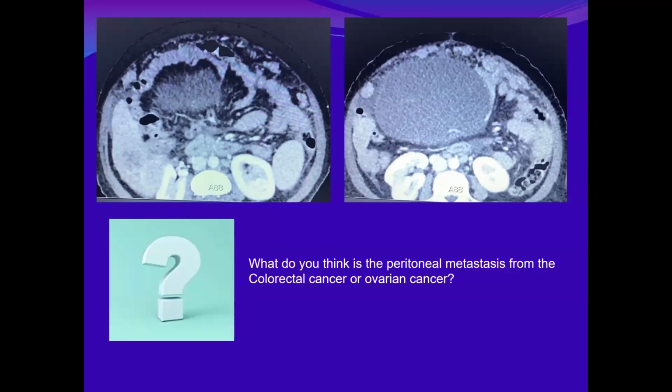What do you think, is the peritoneal metastasis from the colorectal cancer or from ovarian cancer? Which one? What do you think? The ovarian is the one that causes it more. Okay.